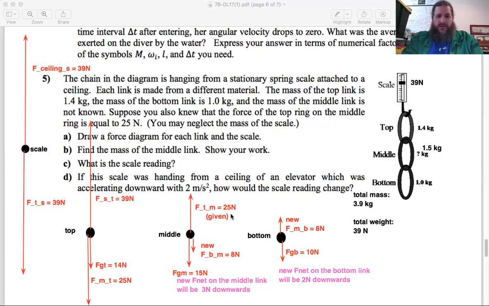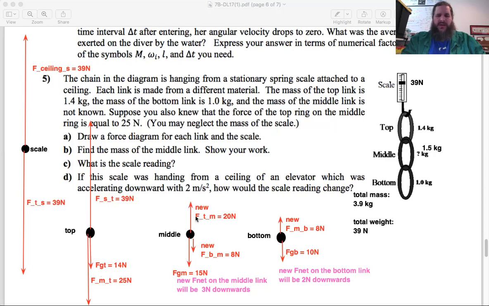If the new force is 20 newtons upwards, 20 newtons upwards plus 23 newtons downwards is a total of 3 newtons downwards, which is exactly what we need. So that suggests that this force has gotten weaker also. We now have a weaker upward force from the top link.